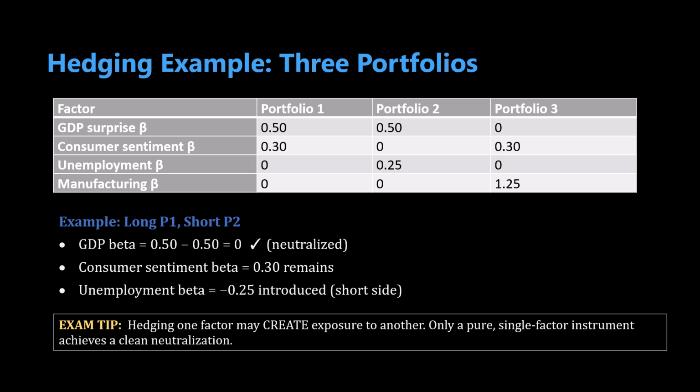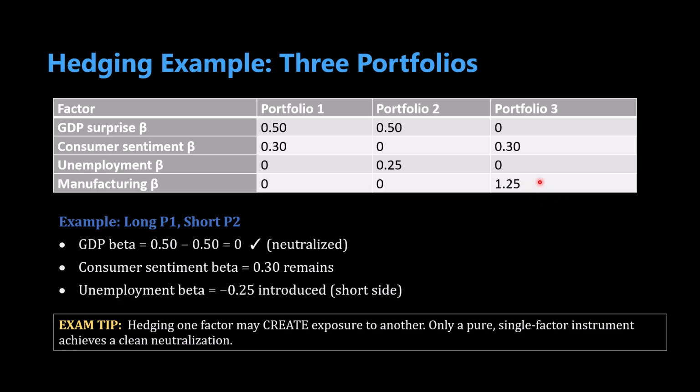Now consider the 3 portfolios shown in this table. Portfolio 1 has a GDP beta of 0.50 and a consumer sentiment beta of 0.30. Portfolio 2 has a GDP beta of 0.50 and an employment beta of 0.25. Portfolio 3 has a consumer sentiment beta of 0.30 and a manufacturing beta of 1.25.